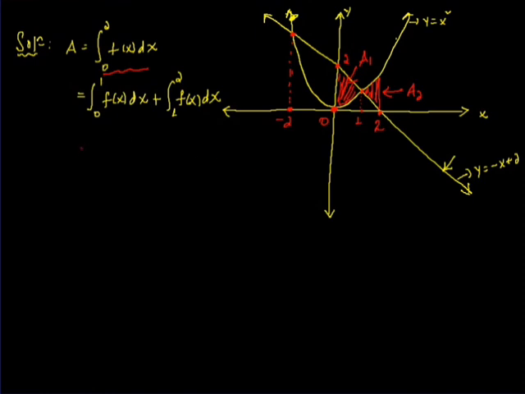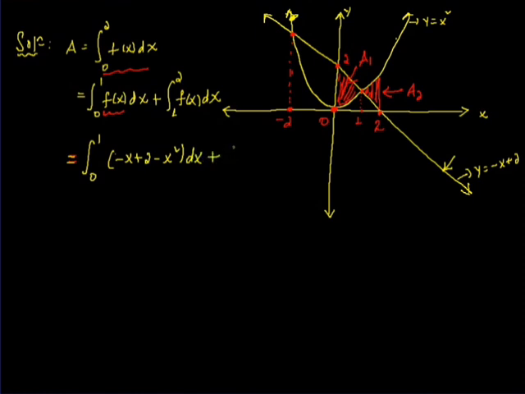Now our function f is the difference between the two. In the first region from 0 to 1, the line y equals minus x plus 2 is above y equals x squared, so minus x plus 2 minus x squared will be considered for the first region.